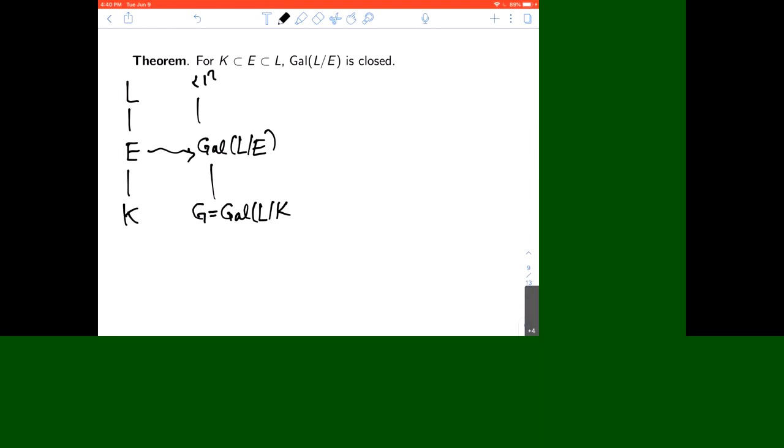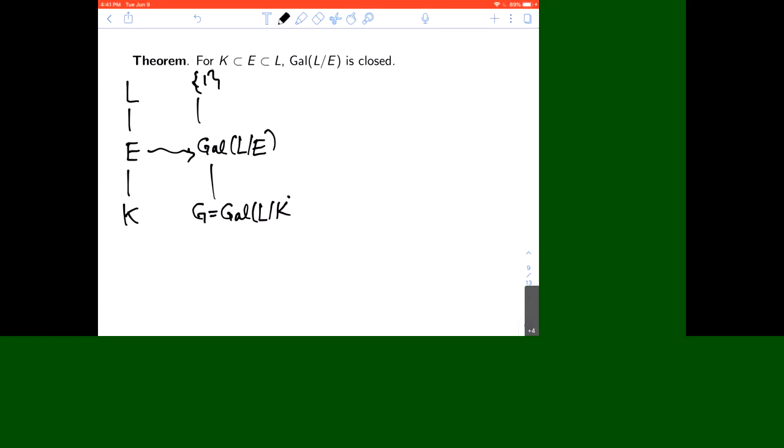That's pretty elementary. So let's check that this group that we create from an intermediate field, an arbitrary intermediate field, which does not have to be a finite extension, let's check that this subgroup is closed in the Galois group.